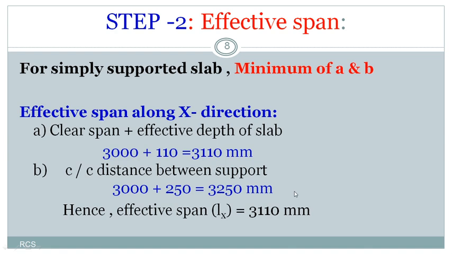Now if we compare the values of criteria A and criteria B, the minimum of A and B will be taken as the effective span length in that particular direction. So in these two, the minimum length is 3110, that would be considered as the effective span in the shorter direction, that is Lx equal to 3110 mm.